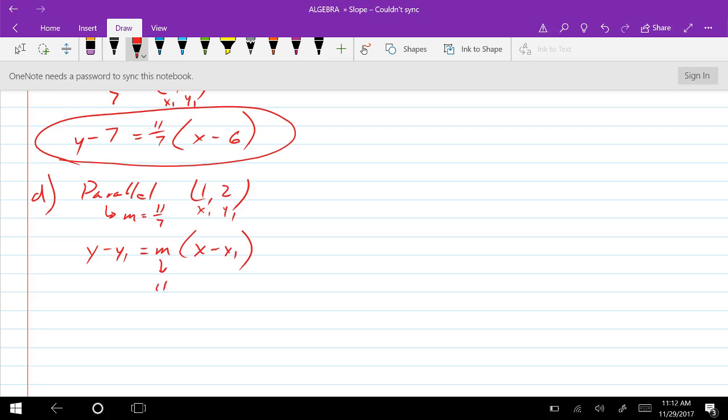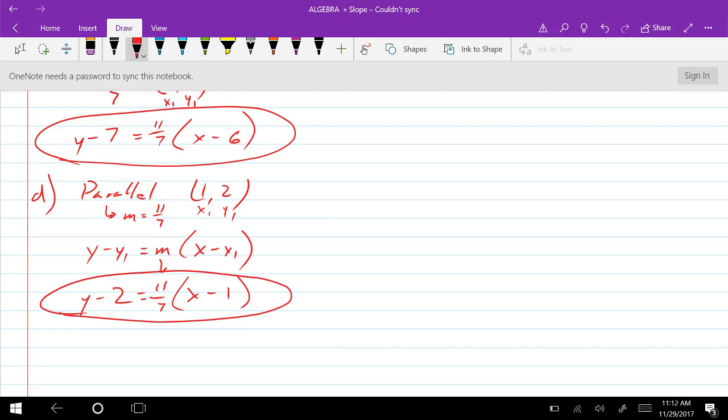Slope is 11/7. x minus x1, which is 1. And we have y minus y1, which is 2. And that's it. And then I'm going to do perpendicular right next to it.